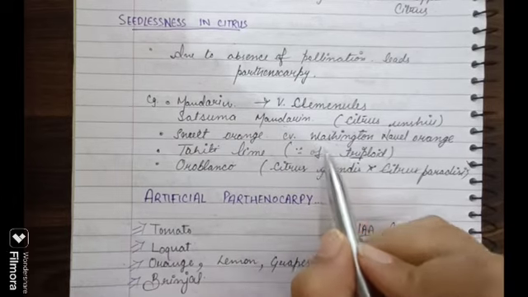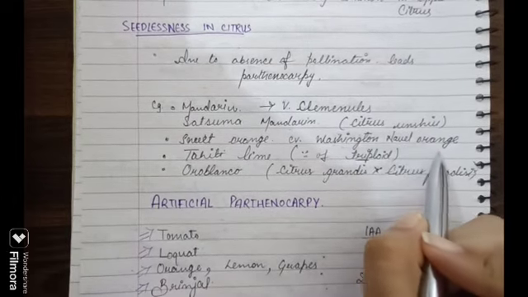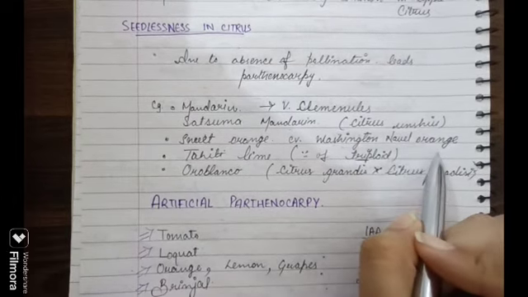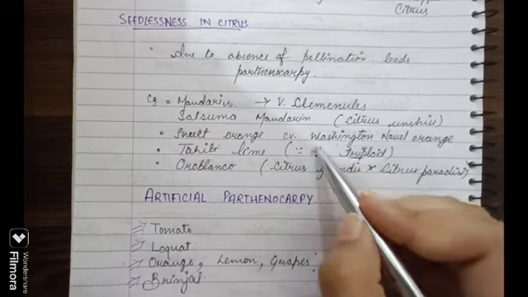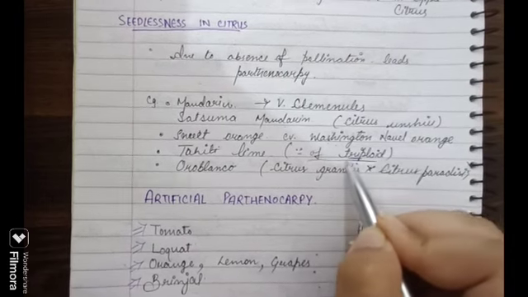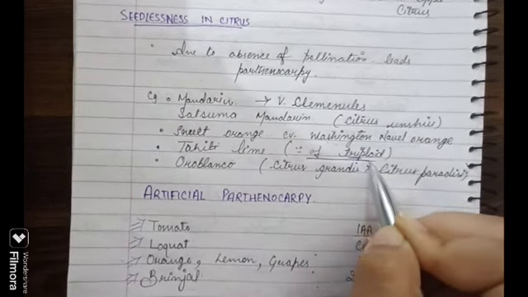In sweet orange, the variety Washington Navel Orange shows parthenocarpy. In Tahiti lime, parthenocarpy is shown because of triploid formation. The Orlando variety is the cross between Citrus grandis and Citrus paradisi.